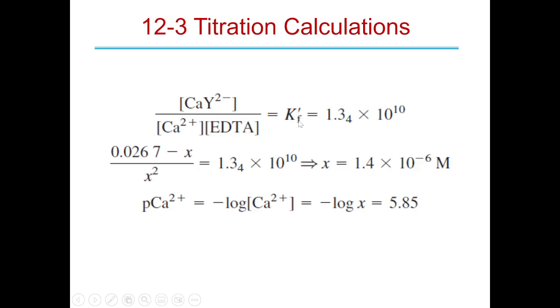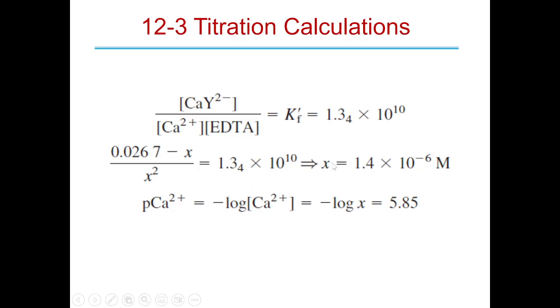And so we then use our modified KF. We plug in these numbers. Typically, in these problems, you'll be able to assume that the minus x doesn't matter, because these KFs are very large numbers, typically like 10 to the 10th, 10 to the 5th, 10 to the 20th.